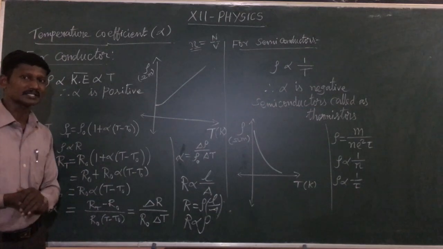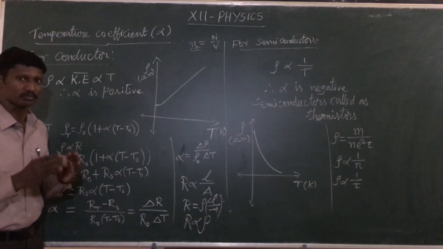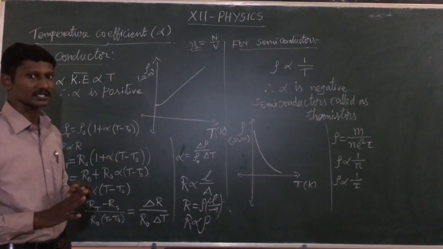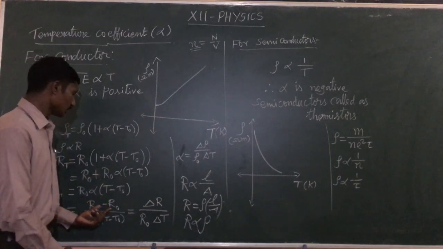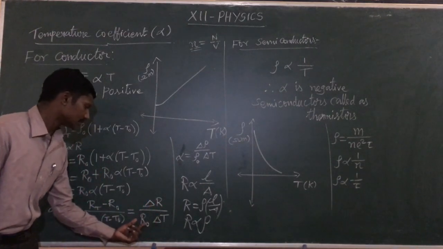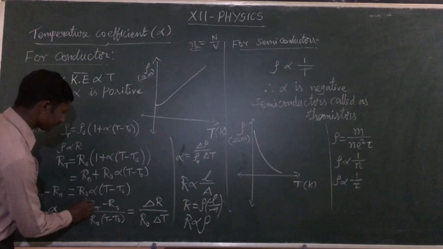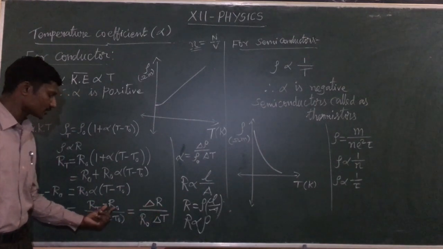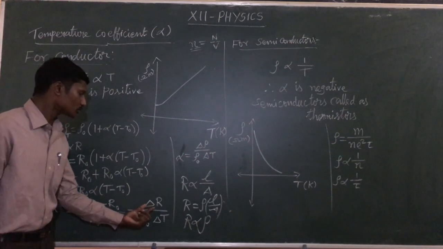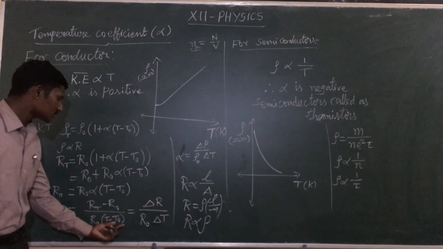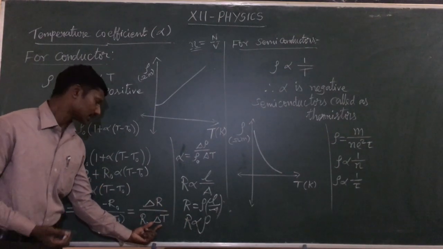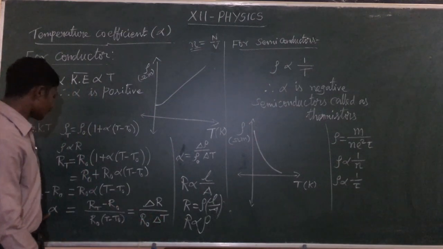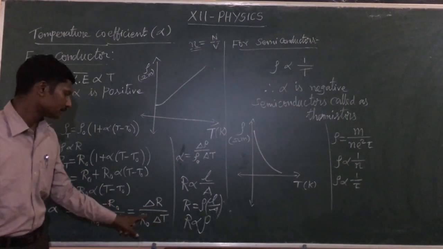Increase or change are the same here. So RT minus R0 is the change in resistance, del R, and T minus T0 is the change in temperature, del T. Therefore alpha is equal to del R by del T by R0.